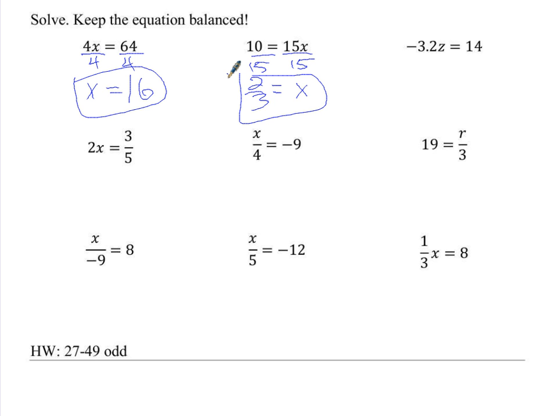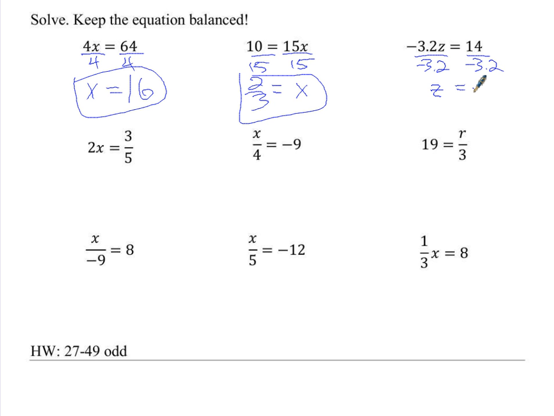Let's do the next one. Negative 3.2z equals 14. What do I do to get z by itself? Good. Divide by negative 3.2 on both sides. On the left, I get z. 1z equals, on the right, 14 divided by negative 3.2.